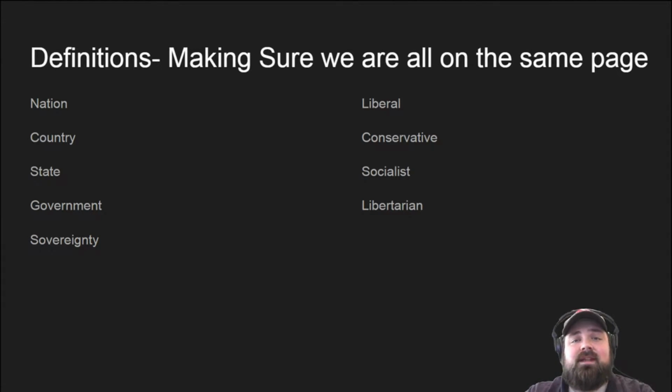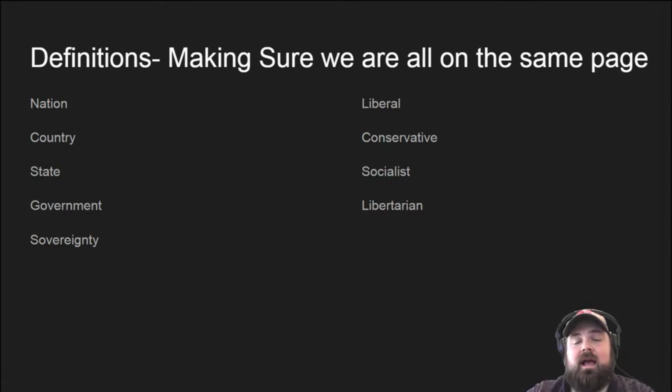Now, all of this is tied together with our fifth term, which is sovereignty. Sovereignty is this notion of ultimate decision-making ability, ultimate responsibility for some land, for some area. There's a very complicated relationship between people and their sovereignty and where sovereignty comes from that we're going to investigate much more heavily throughout the course of this semester.